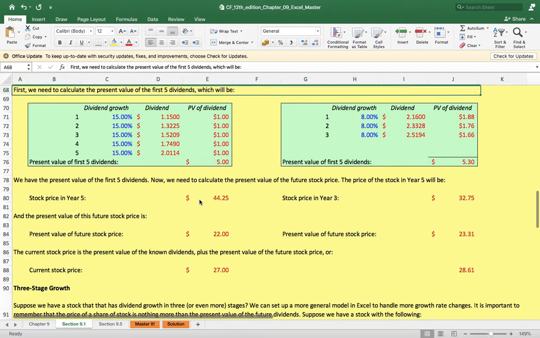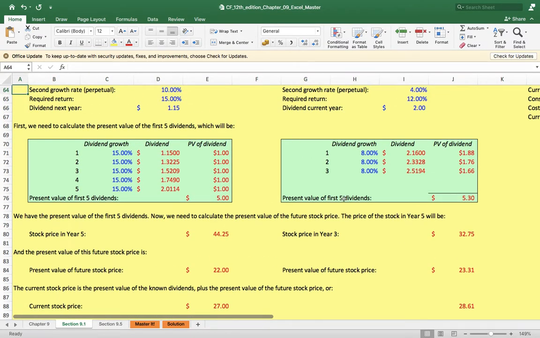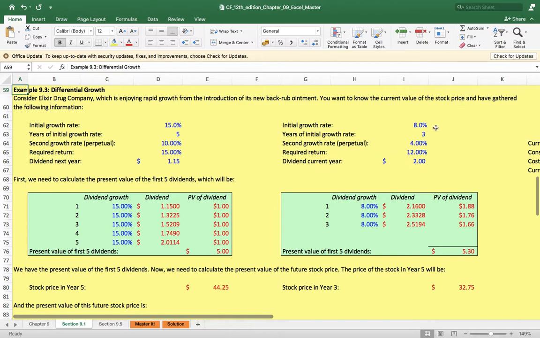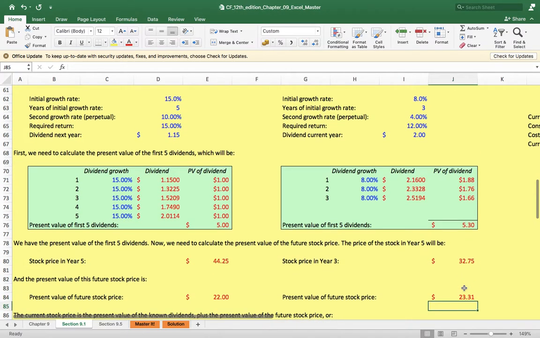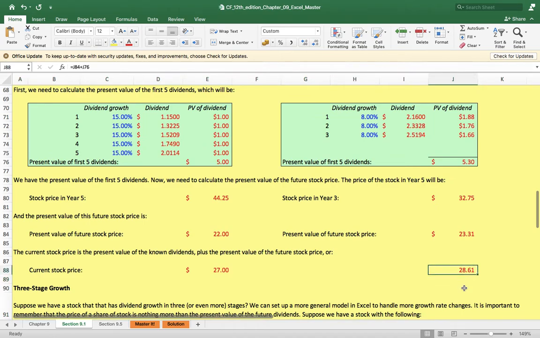One is: the current dividend paid is $2 and the growth for the first 3 years is 8%, thereafter it is 4% forever. Cost of capital is 12%. We have calculated the price of the stock, 28.61, through the two-stage growth model in the spreadsheet easily.